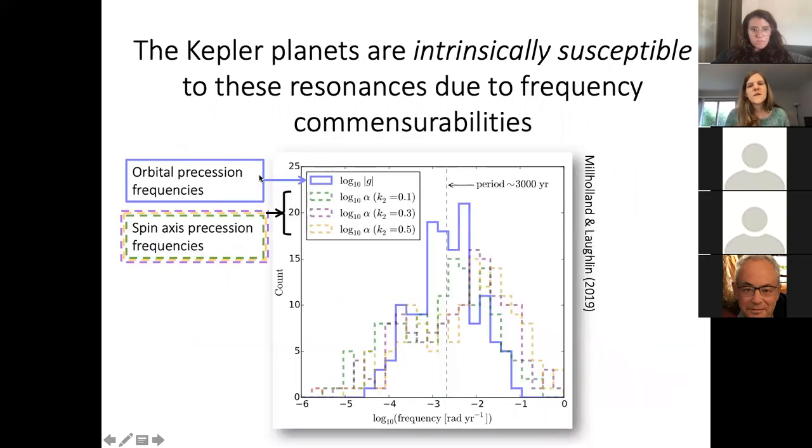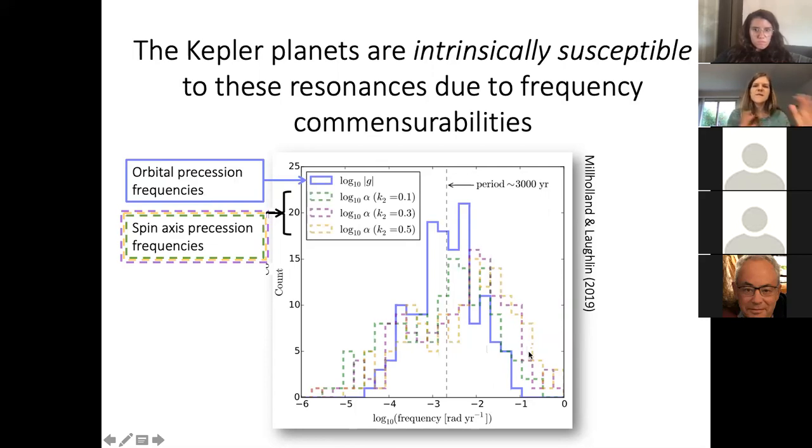We found a really interesting feature of these close-in Kepler planets: they're highly susceptible to these spin orbit resonances due to some frequency commensurabilities. This is because their typical orbital precession frequencies, G, as I'm showing with this histogram, tend to have really similar values to their spin axis precession frequencies, as I'm showing with these dashed histograms.